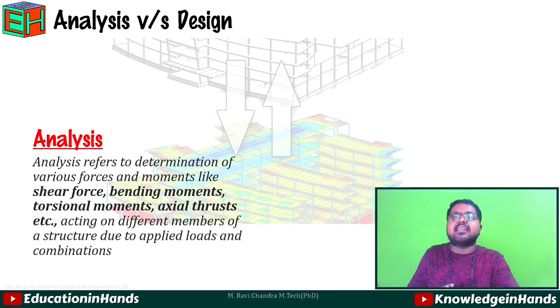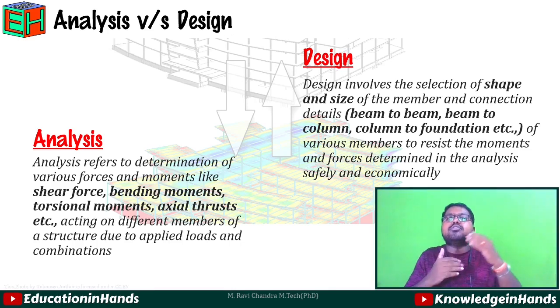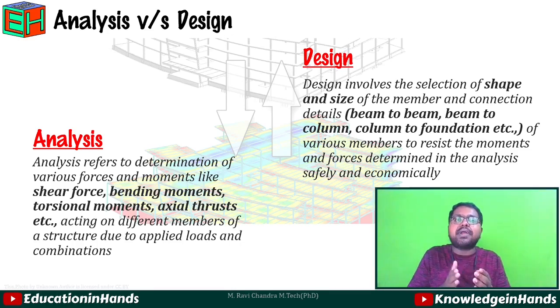Whereas design refers to the selection of size and shape of the member and its connection details, like beam to column or beam to slab, etc., to resist the moments and forces that are determined in the analysis, and it also ensures the safety and economy of the structure.